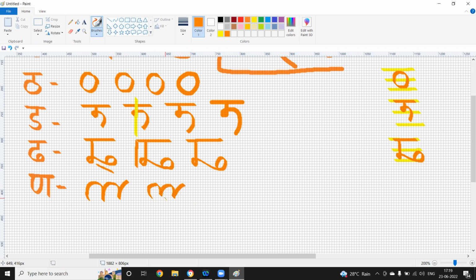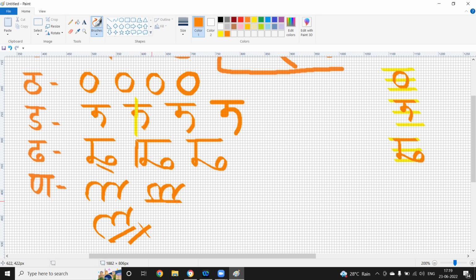Now the only thing you need to keep in mind is these two loops are of the same size, and they both end at the same point. The end point for the two loops is the same. What we have seen particularly with this letter, students tend to write it like this. So this particular shape is incorrect.